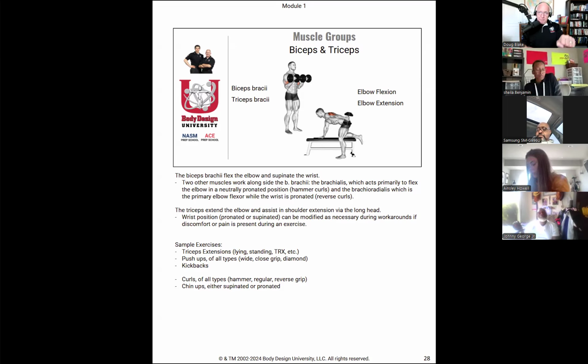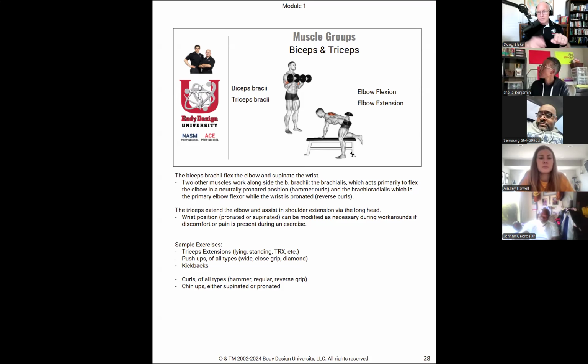But when we go into a pronated position, the only muscle that's really heavily active at that point is the brachioradialis. But I will include both of them. Brachialis and brachioradialis are both very active during the hammer curl, and then they maintain some high level of activity during a reverse curl. We call these reverse curls, right?